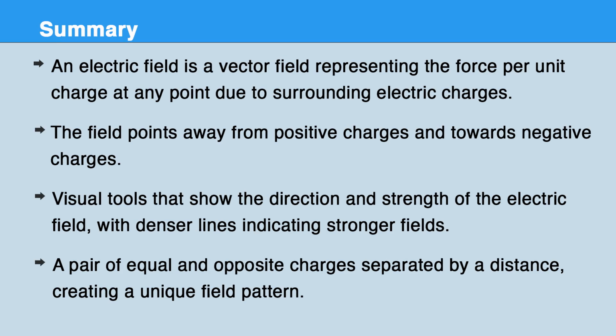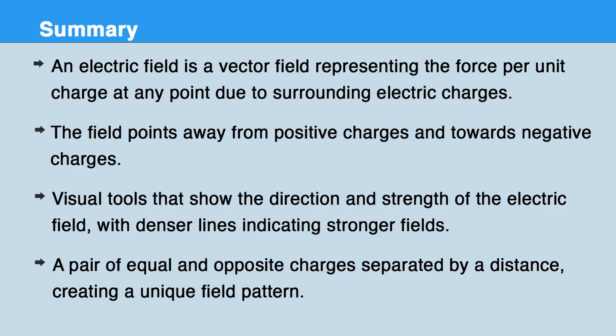At last, now summarizing today's lecture on electrostatics. We understand how charges interact, the forces they exert on each other and the fields they create. Key concepts include electric charge, electric potential, and electric field.